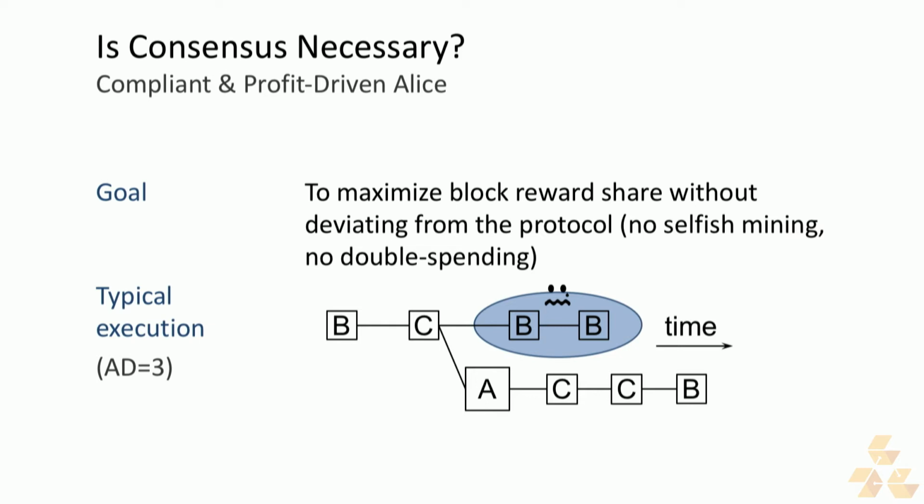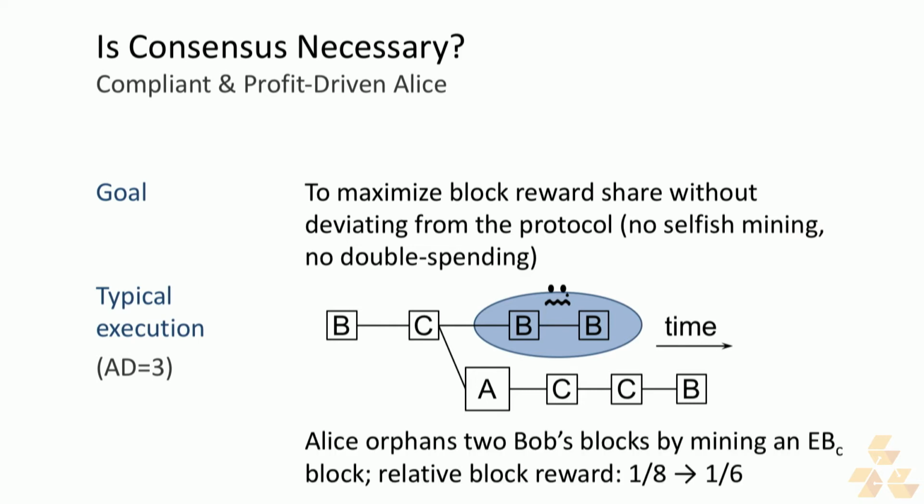Eventually, this chain becomes longer so that Bob will abandon his own block and start mining on this chain. In this execution, Alice orphans 2 Bob's blocks by mining an EB Carol block. Alice's relative block reward increases from 1/8 to 1/6. So without the attack, Alice can get 1 block out of 8 blocks. But with the attack, because these 2 blocks are orphaned, Alice gets 1 block out of 6 main chain blocks.